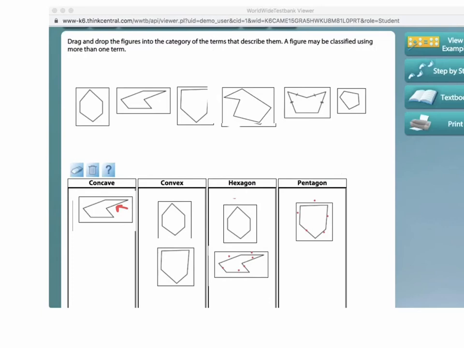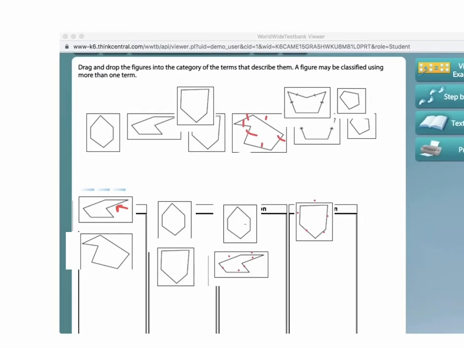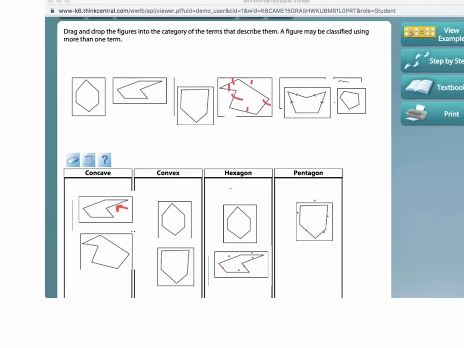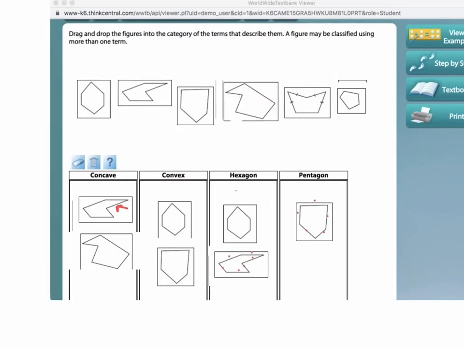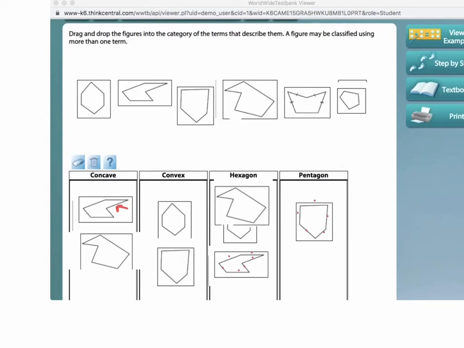Next shape here is a concave shape because it goes inside, and let's count the sides, 1, 2, 3, 4, 5, 6, 6-sided shape. 6-sided shape would be a hexagon, so that would go in this category here.